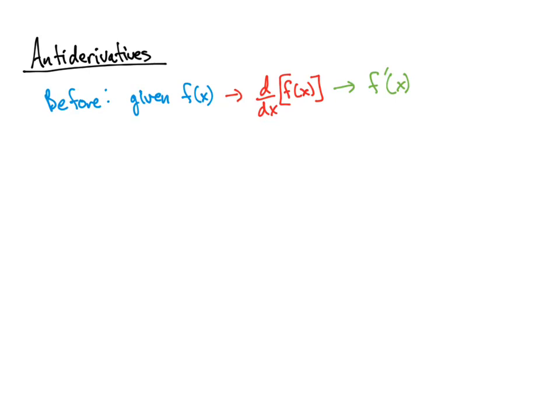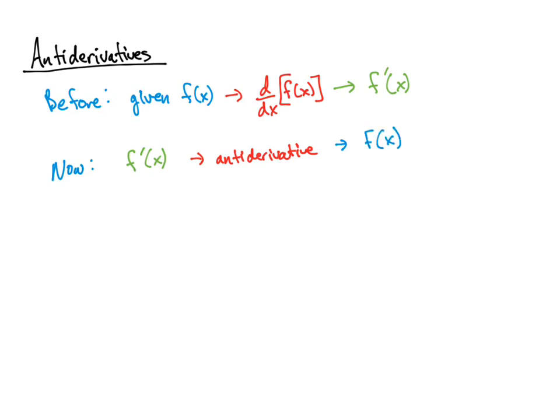Now we want to go the other way. Now if we're given a function that we could have taken the derivative of to get f prime of x, but we're given a function, now what we want to do is take the antiderivative, and then that'll lead us back to some original function, f of x.